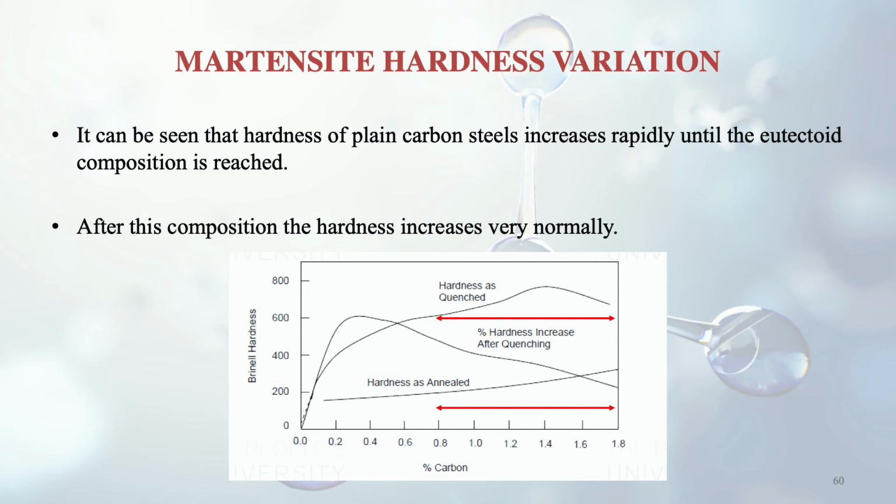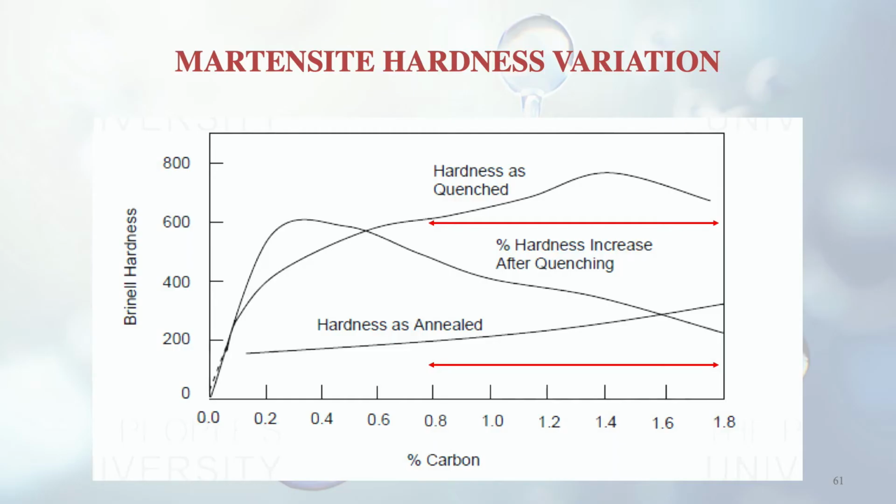It's not drastic. Here again is the same graph, with two red arrows marking 0.8 to 1.8% carbon. You can see the hardness as quenched graph and the hardness as annealed graph. In the annealed case, the curve goes higher and higher with a quite low slope.